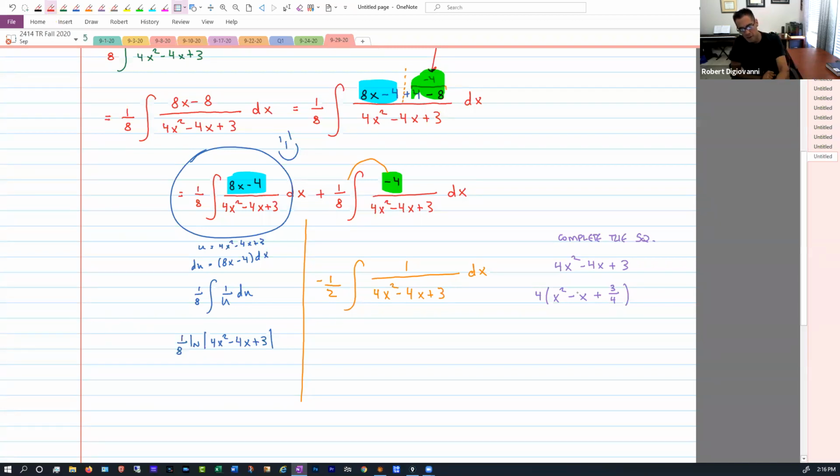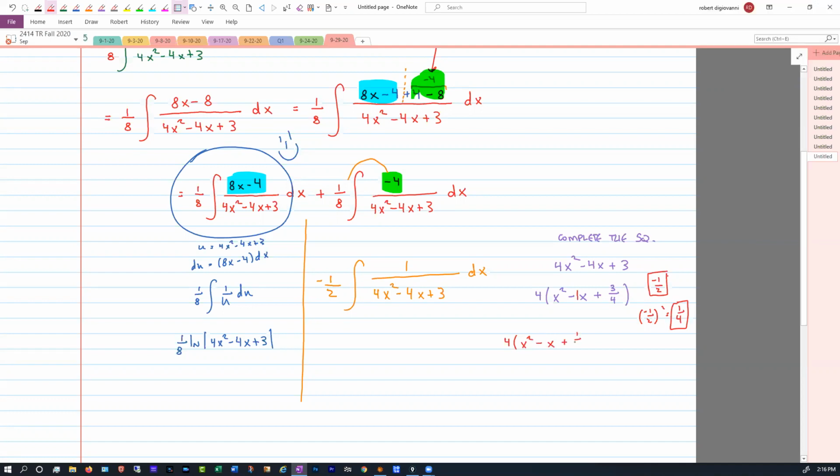We identify the number in front of x, -1. We divide it by 2, and that's just -1/2. Then we square it, which gives us 1/4. That's our hidden 0. We're going to add and subtract a fourth. So I have 4 times x squared minus x.